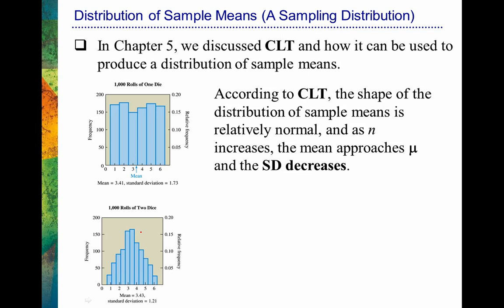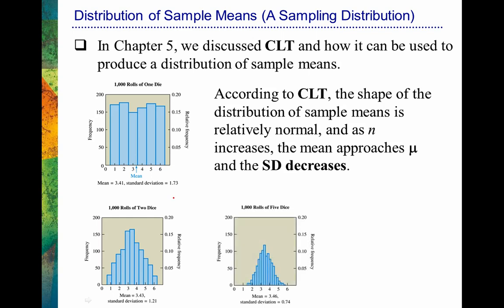And as the sample size increases, here we had a sample size of 2 dice at a time, the mean of this distribution of sample means will approach the mean from the parent population. And also the standard deviation of this distribution of sample means, what we call the standard error of the mean, will decrease. So let me just demonstrate these last couple points with a couple graphics here.